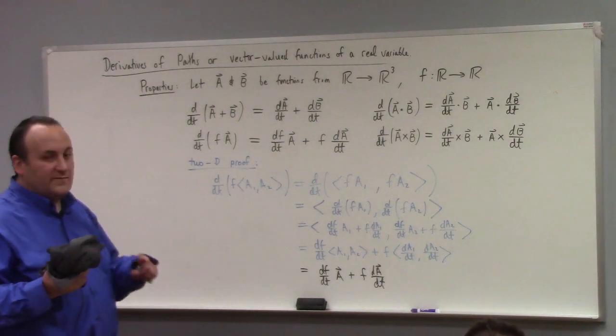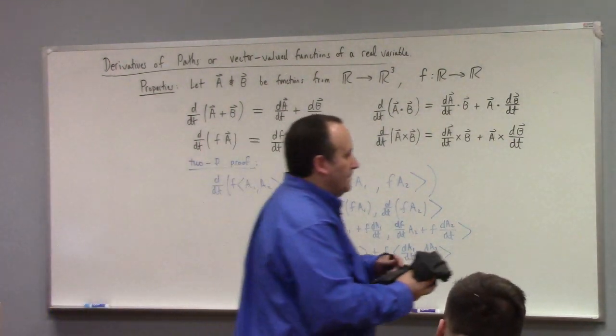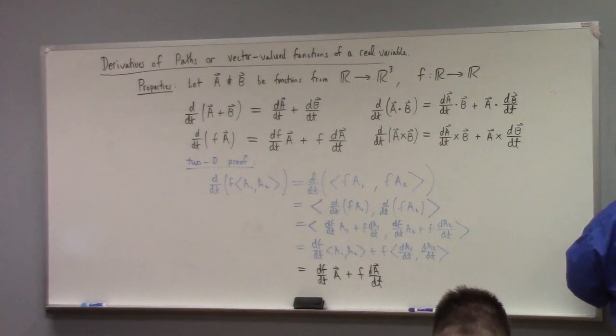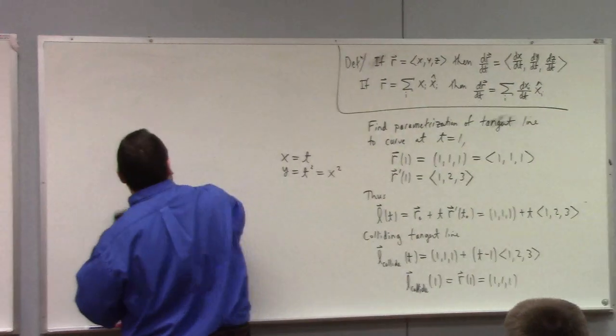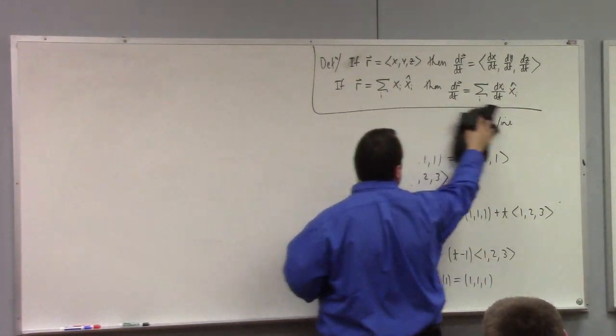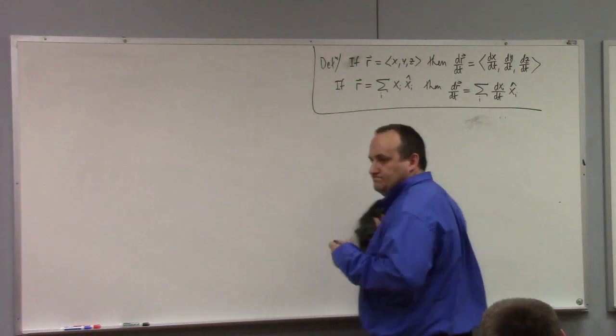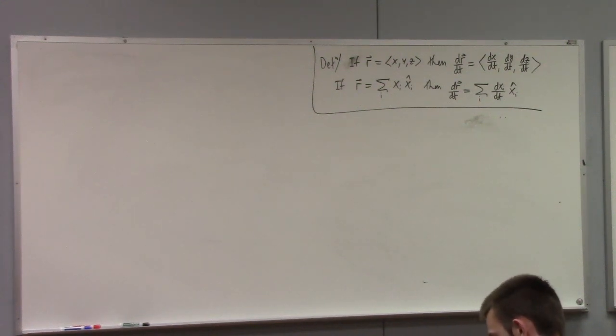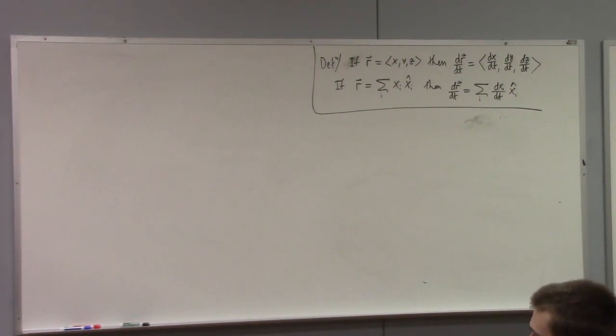Ah, A and B are functions of time in this discussion. And even if A dot B was equal to a number, this could still be interesting.